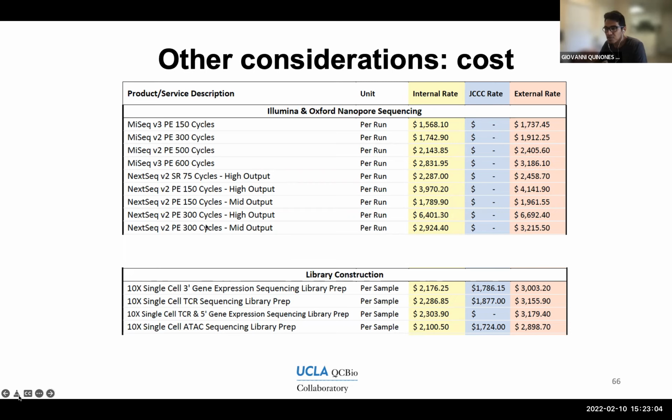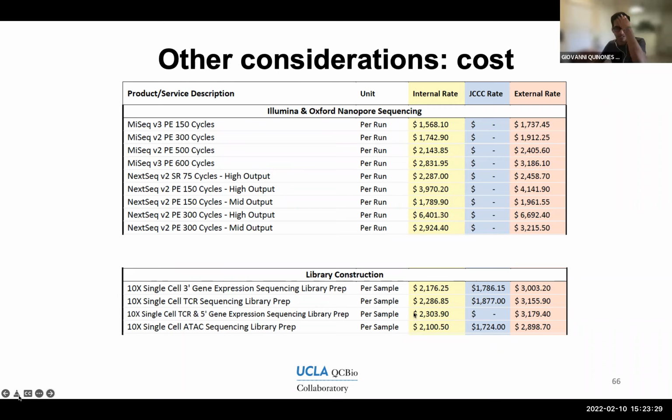I think this is a good point to mention that 10x doesn't just do RNA sequencing. You see it has other types of library preparations that it performs, such as ATAC-seq. But for our type of data, the price per sample, the internal rate, is around $2,000.